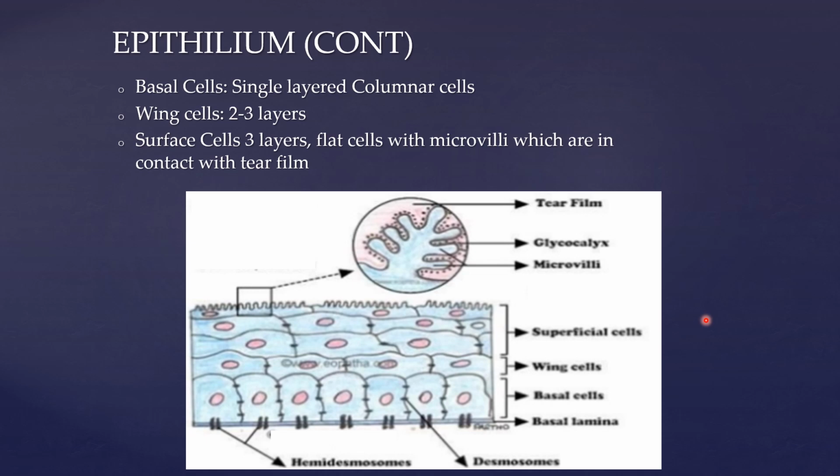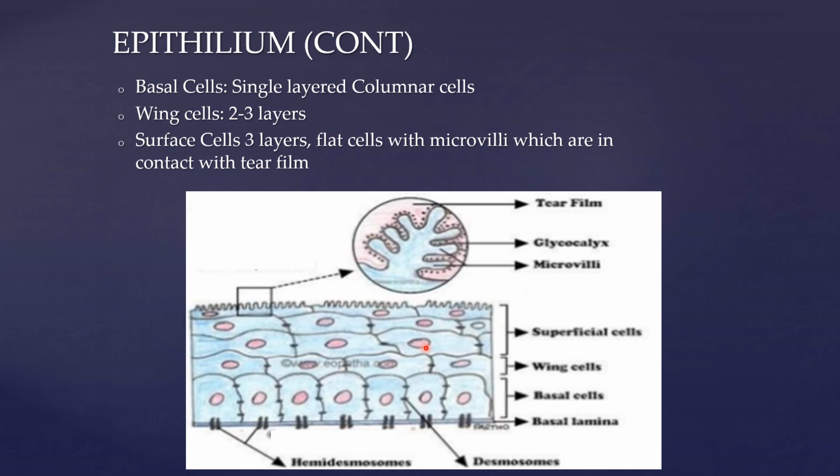These junctional complexes consist of tight junctions, desmosomes, and the hemidesmosomes. Tight junctions are also called zonula occludens, and they are present between the superficial cells. The desmosomes are present in all 3 layers, and the hemidesmosomes are present between the basal cells and the basal lamina of epithelium.